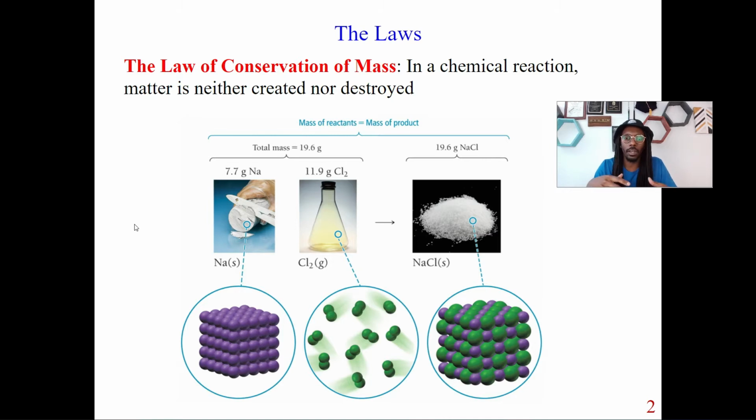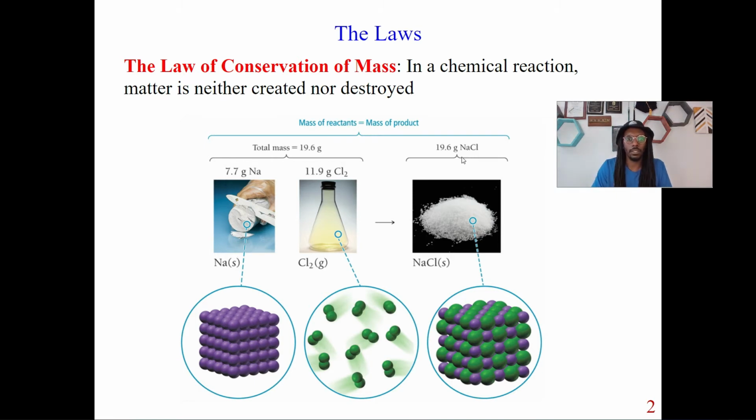And this is what we need to understand: when we make a new product, we have to have that same mass. That matter is not going to disappear. We're going to have the same amount of sodium and chlorine that we put into this reaction, and we get that same amount out of the reaction, which we see here with 19.6.